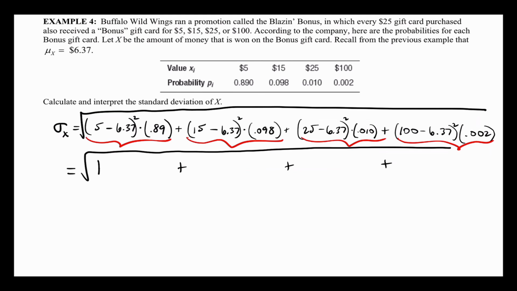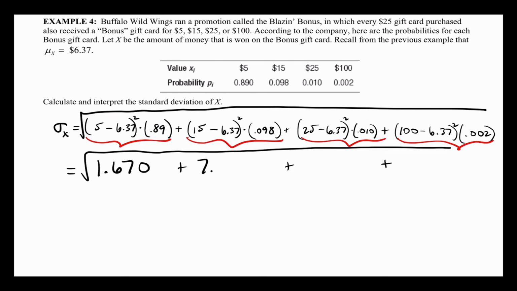So for the first one, I got 1.670. Yeah, so you subtract, square, multiply. So for the next one, 15 minus 6.37 squared times 0.098.